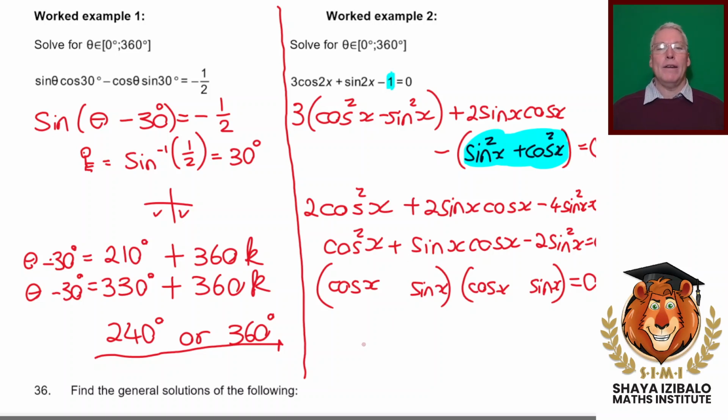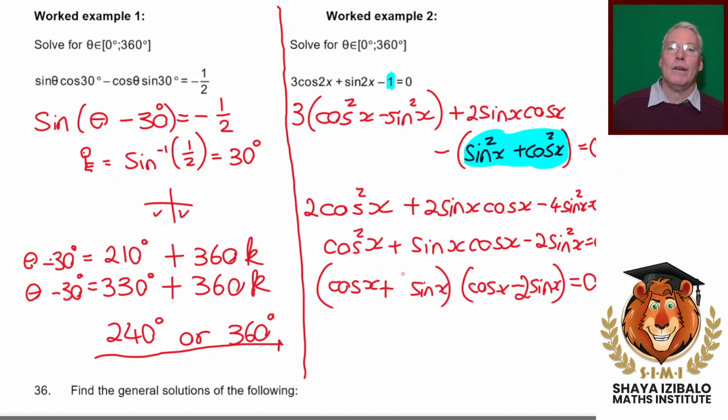We want minus 2 sine squared x. So we must have minus 2 and plus 1. Now if we look at this, it looks like we've got something wrong here, because we need this to be a negative sine x cos x.